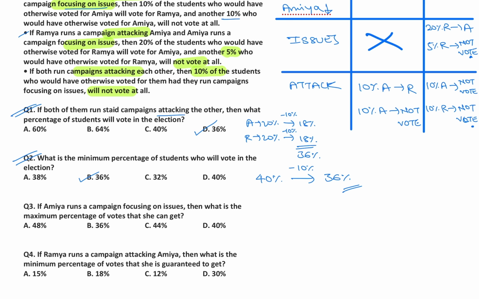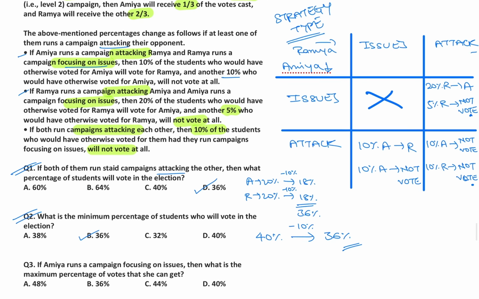If Amya runs a campaign focusing on issues, okay, Amya is now running a campaign where she focuses on issues. So I just have one condition to be looked at here. Then what is the maximum percentage of votes she can get? Okay. So what do we have here? If Ramya is attacking and Amya is focusing on issues, I know that 20% of Ramya's vote will get redirected to Amya and 5% of Ramya will not vote.